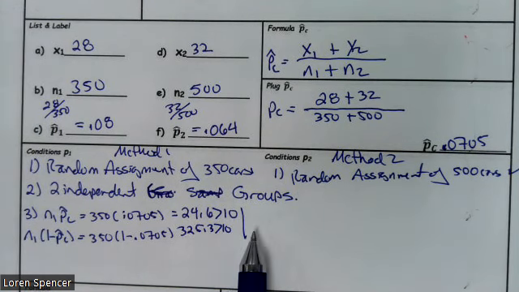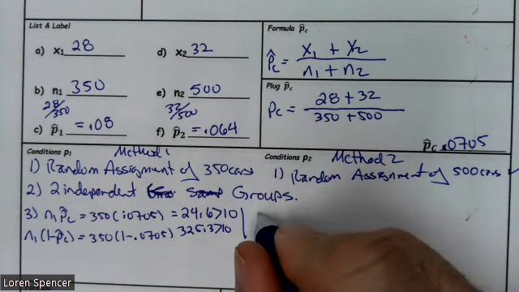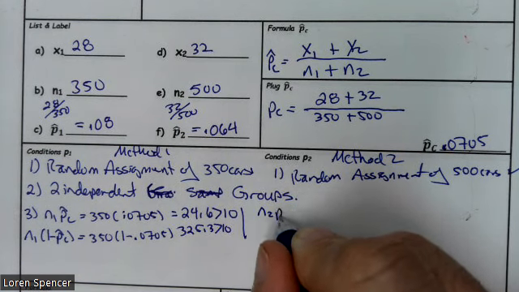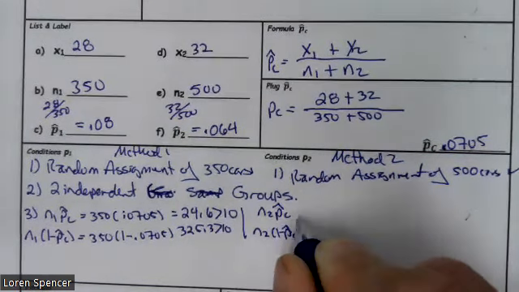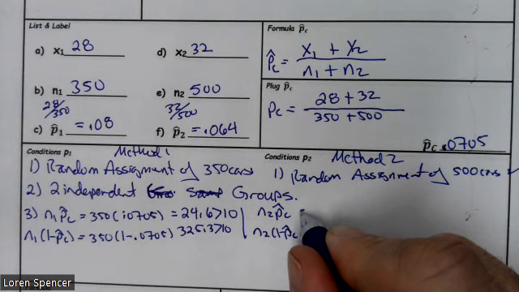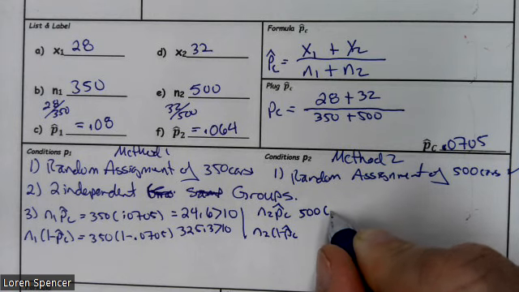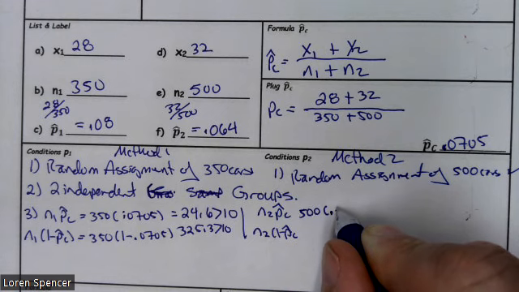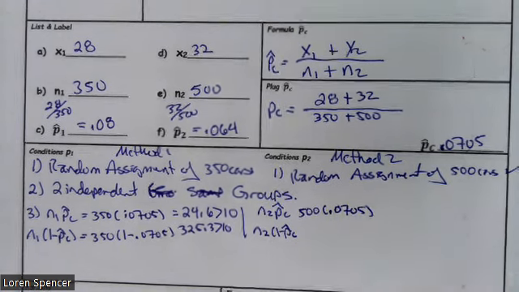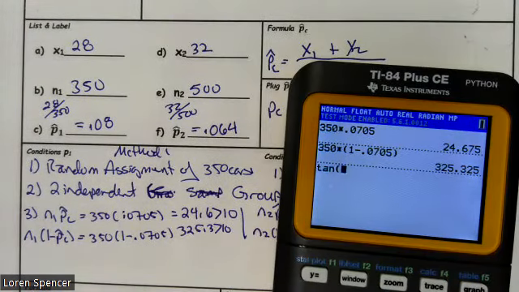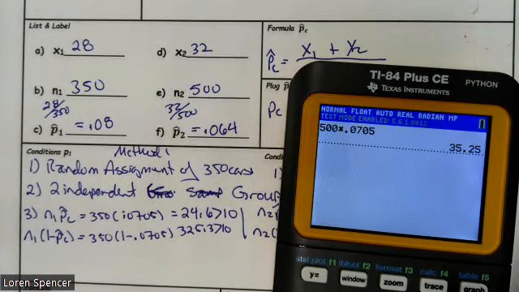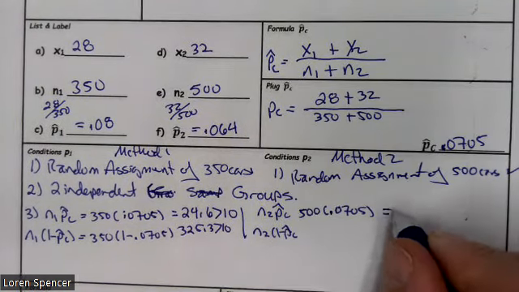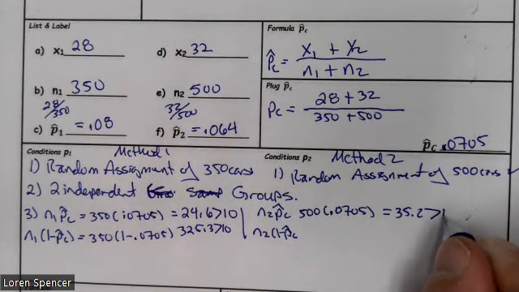The next one, we have to do it for the other side. We have N2 P hat C and N2 times 1 minus P hat C. N2 was 500, so 500 times 0.0705. 500 times 0.0705 equals 35, and that's greater than 10.